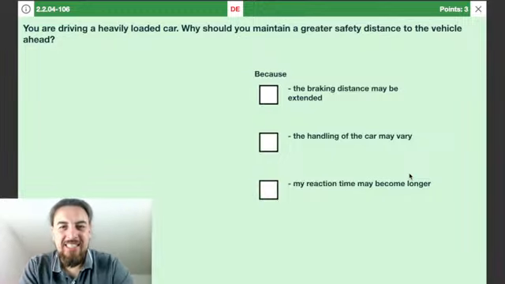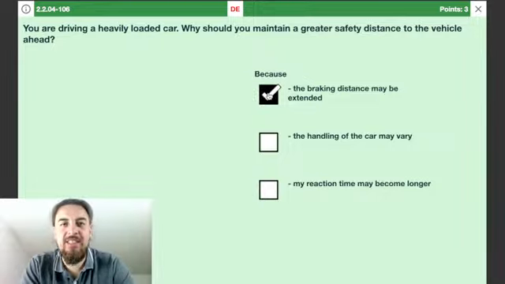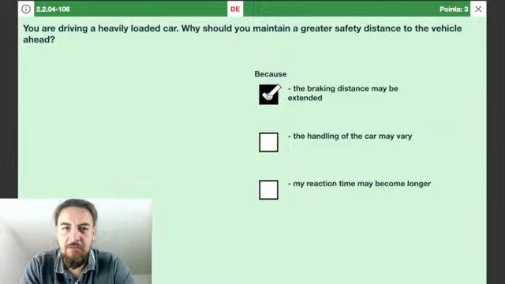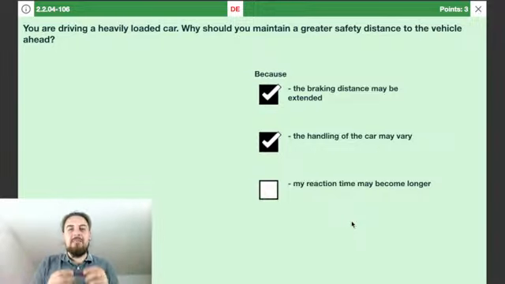Because the braking distance may extend, that's true. If your car is heavily loaded, it is heavier and therefore it takes more time and more distance to brake it down. And yes, the car starts to behave differently if it's heavily loaded, but my reaction time may become longer is not correct. It doesn't matter.